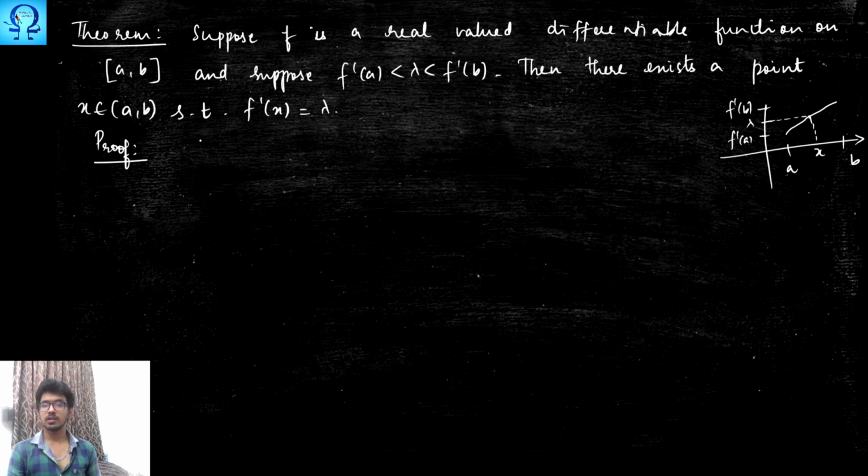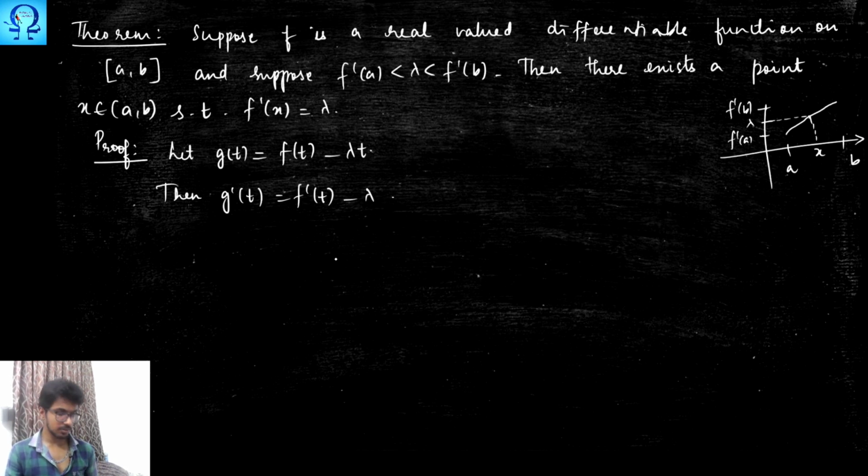So from the given, all these things are assumed, and let us consider a function g of t which is f of t minus lambda t. Then g prime of t is f prime of t minus lambda, using the algebra of differentiable functions. Now let me evaluate g prime of a.